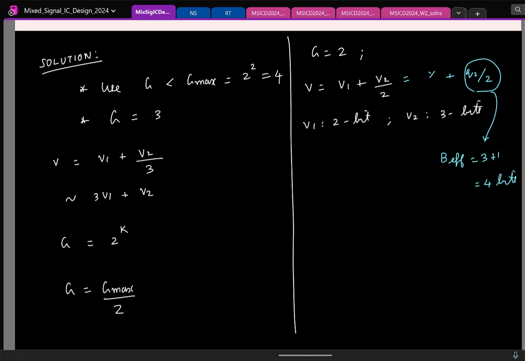So again, let's see how you will have to do this operation. Let me write V1. V1 is 2 bits, so let's say it's x1, x2. V2 is 3 bits. Again, remember, we'll have to align the MSBs because the MSB bits of each ADC contain the same information. So that's what you'll have to align. So if this is V2, how will V2 by 2 look like? It will be right shifted by 1 bit.